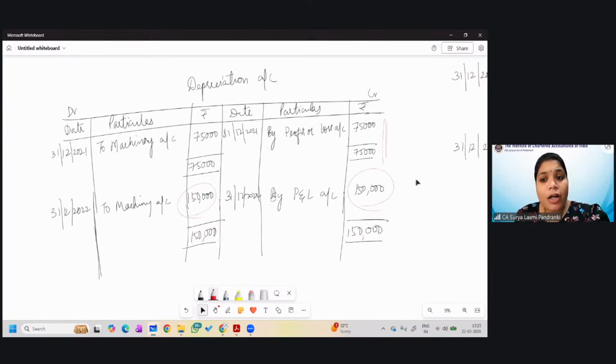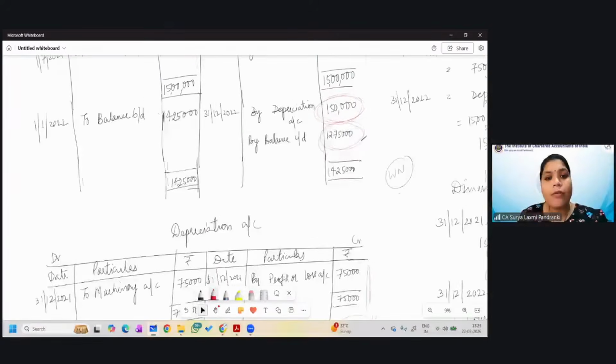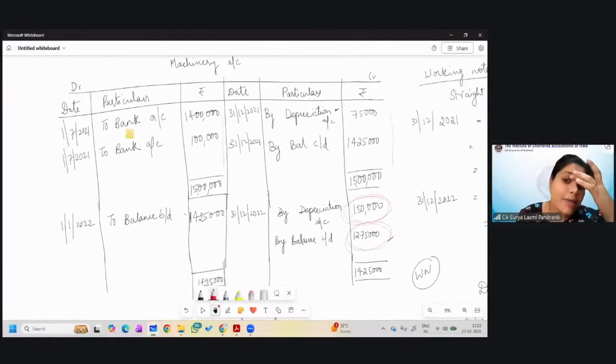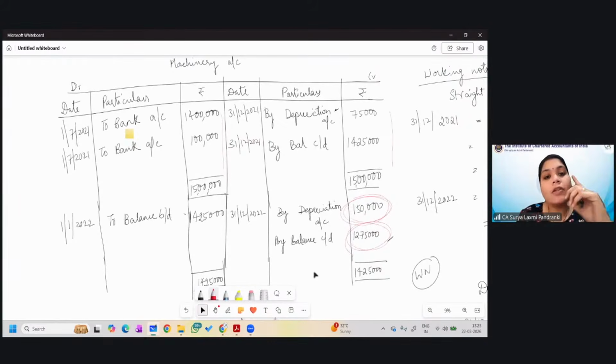An asset account is not a nominal account. Asset account will always have a balance. Where will you show this balance? In your balance sheet. But depreciation is an expenditure account, so the balance has to be transferred to P&L. You close down all the expenditure and income accounts. Asset and liability accounts only will have a balancing figure. Yes or no? Understood, ma'am.